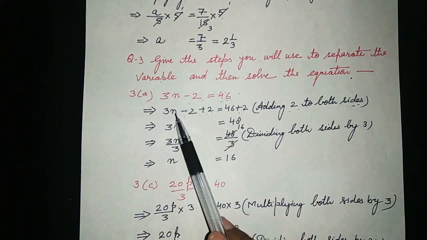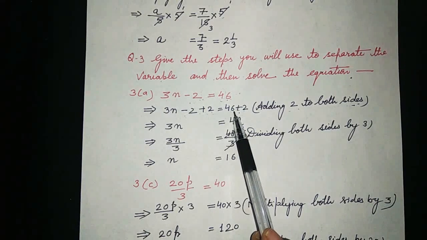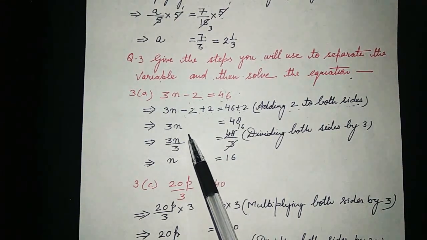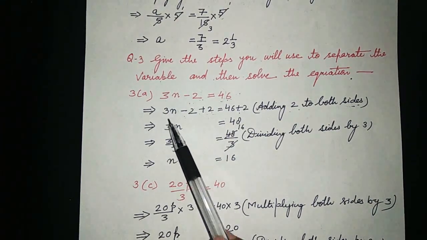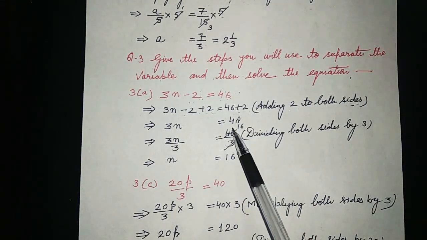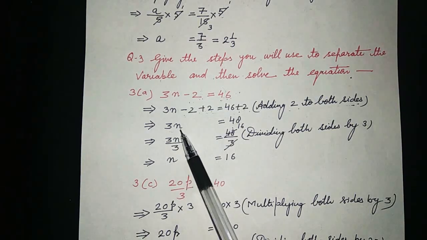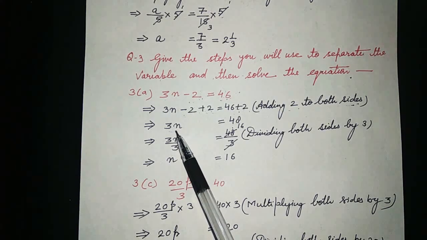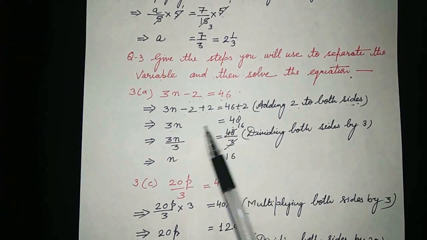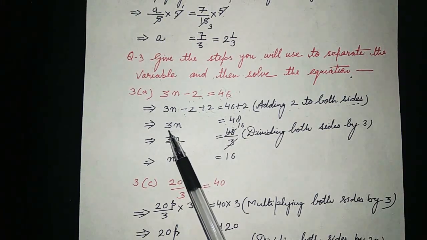So here you have written the equation like this. In the next step, see what will come. Here 3n will come, and on the right hand side 46 plus 2, 48 will come. Now you can see this 3 is in multiplication with this n. So you know what? You will divide both the sides by 3 because this 3 is in multiplication.